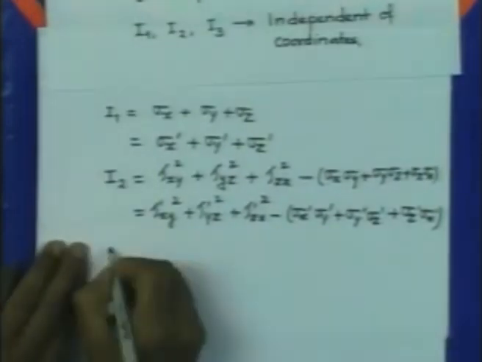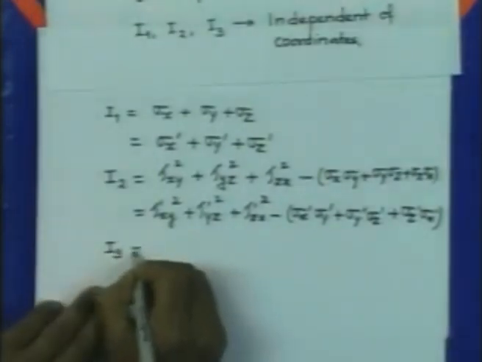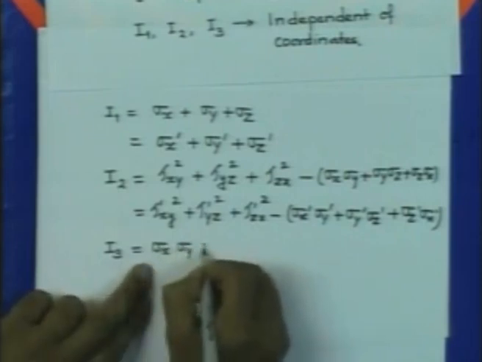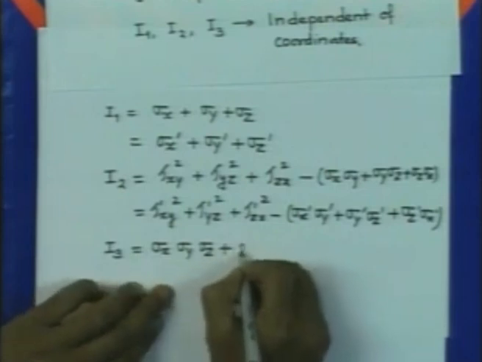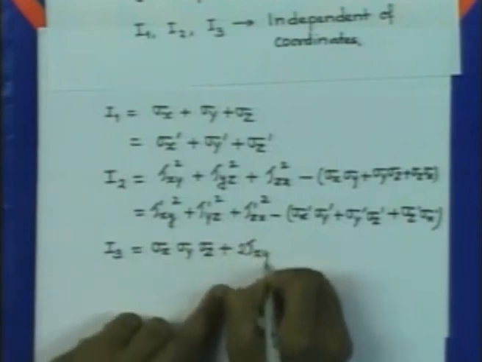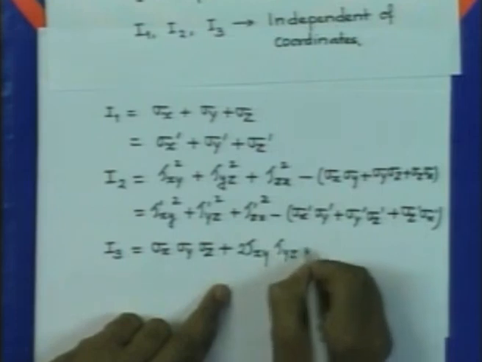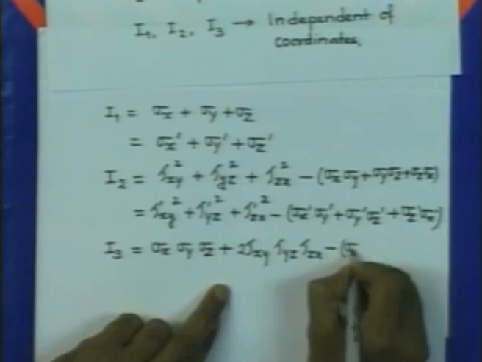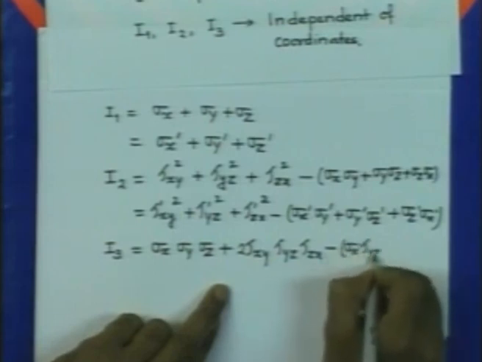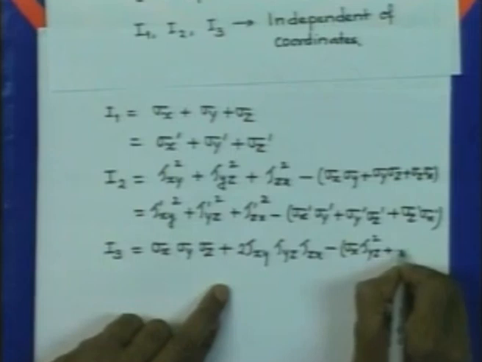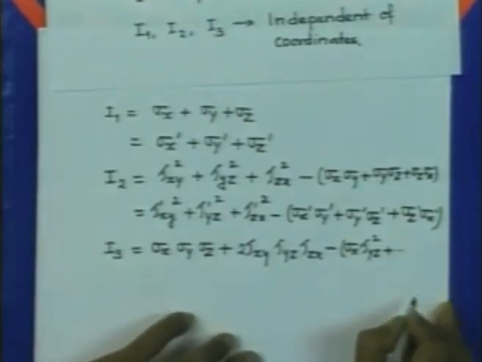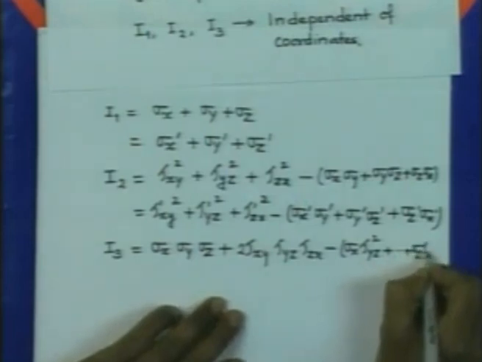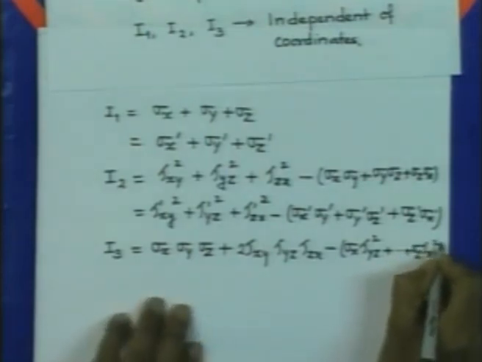Similarly, we can write the third stress invariant along similar lines: sigma x sigma y sigma z plus twice tau xy tau yz tau zx minus sigma x tau yz square plus sigma y tau zx square plus sigma z tau xy square.